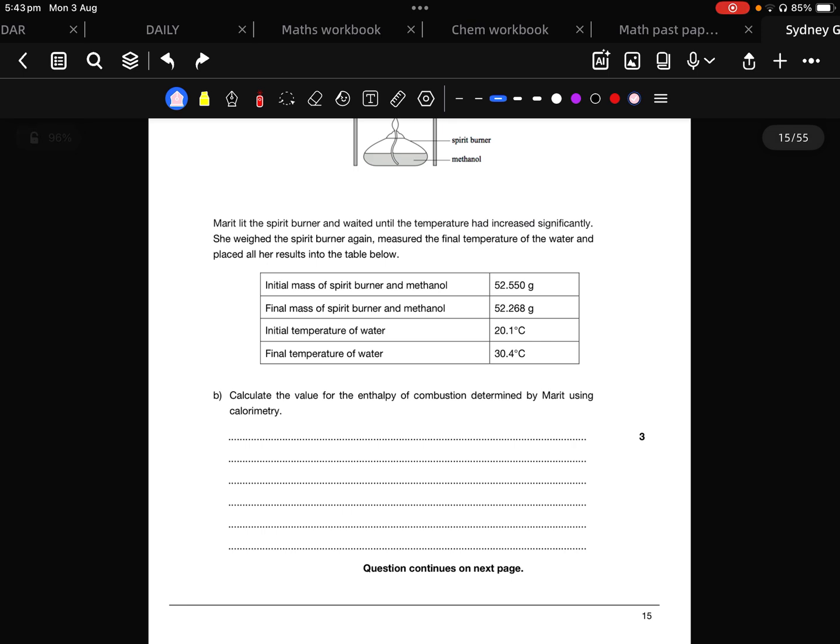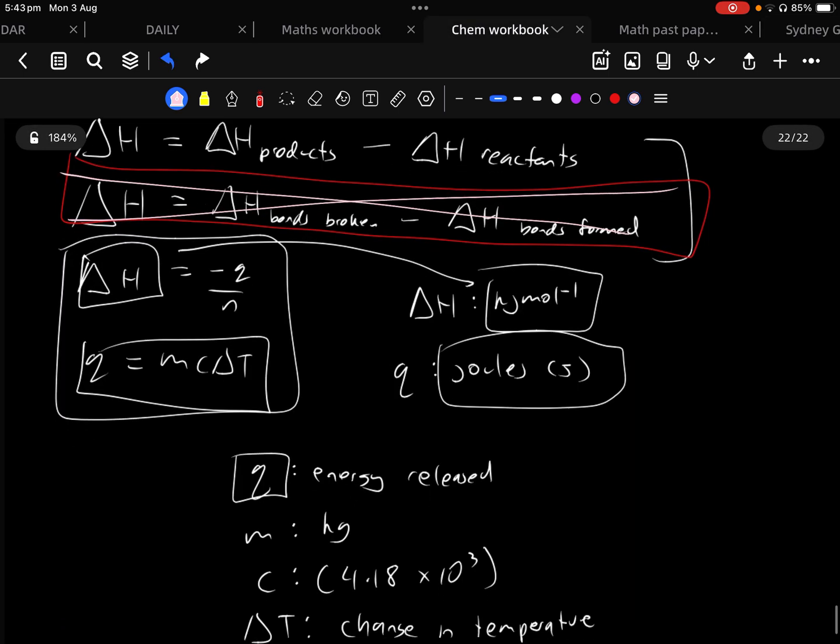So we want to calculate delta H. The formula for it is minus Q over n, which is energy released over moles.